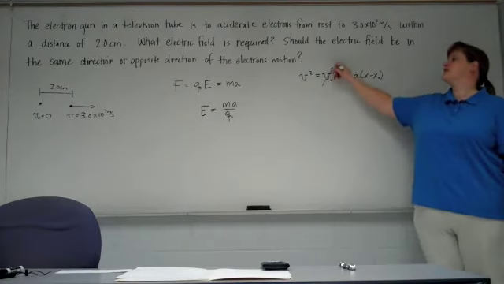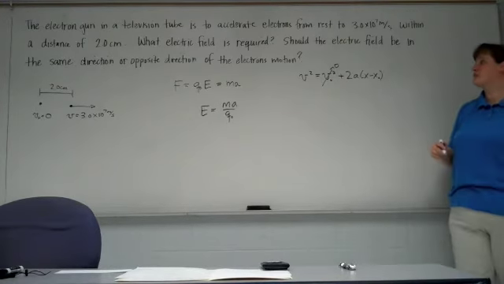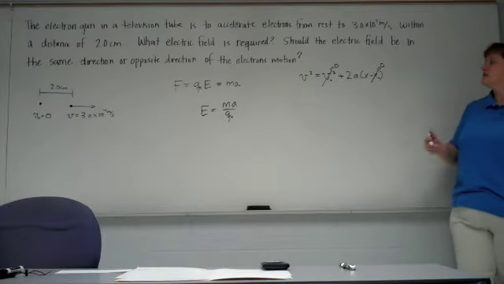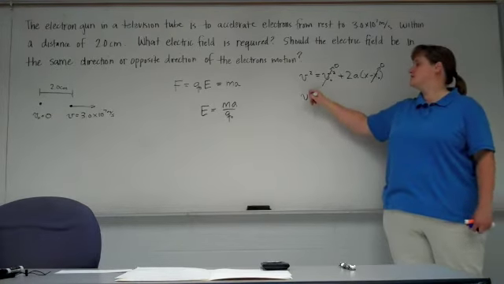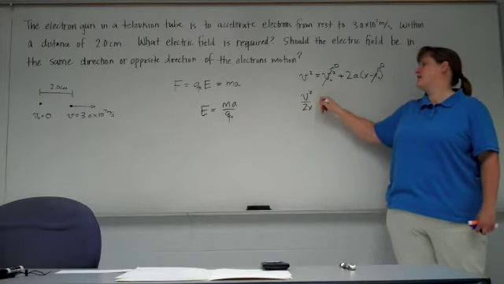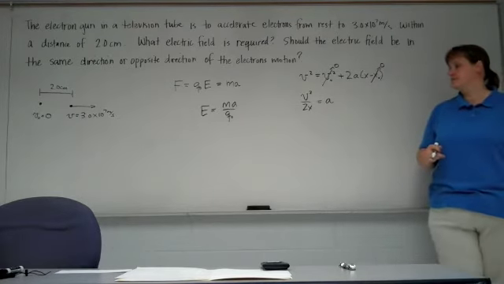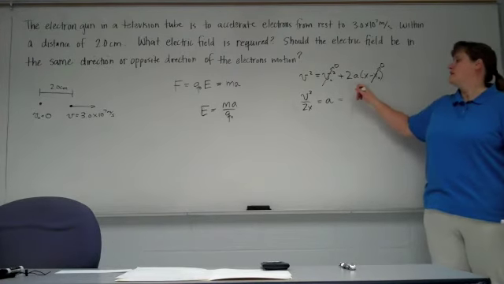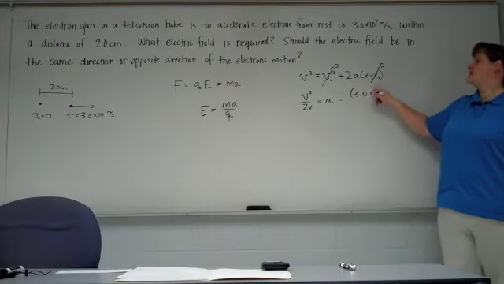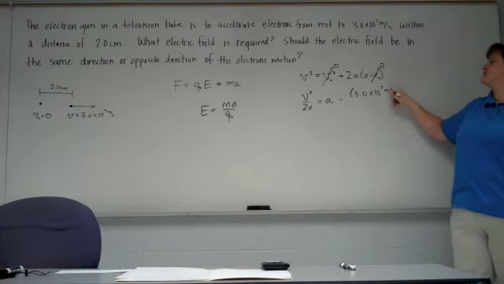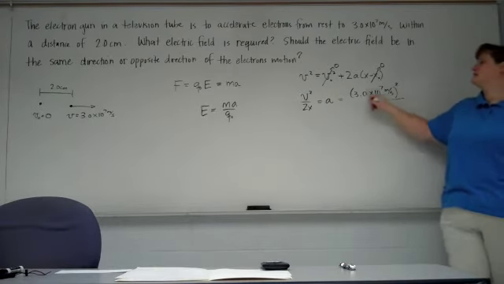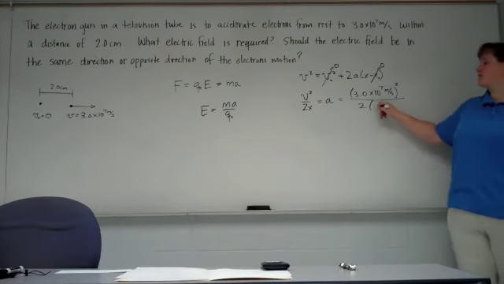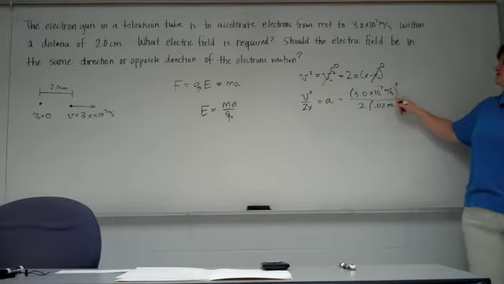Our initial velocity was 0. It said it was accelerating from rest. Let's go ahead and just call our initial position 0. So our acceleration, if we divide by 2x, that will be our acceleration. So our final velocity is 3 times 10 to the 7th meters per second. We need to square that. All over 2x is the distance it moves, so 0.02 meters.